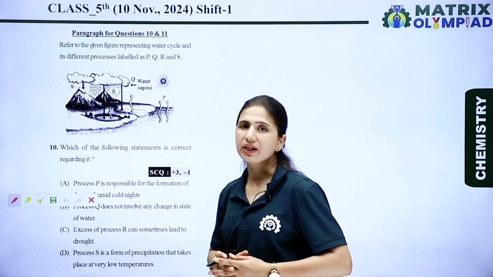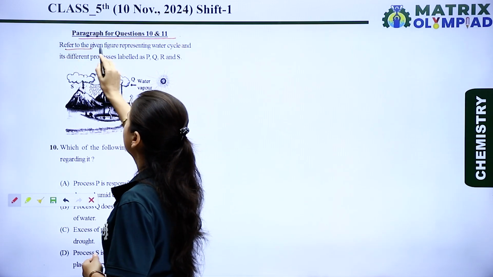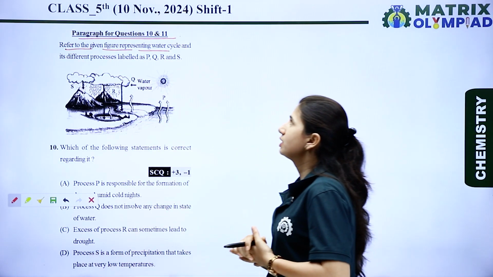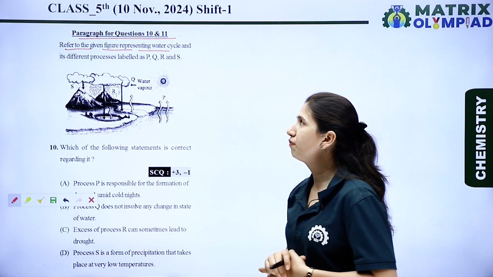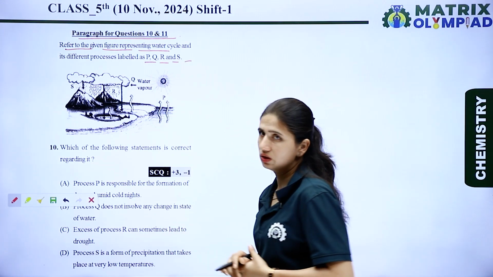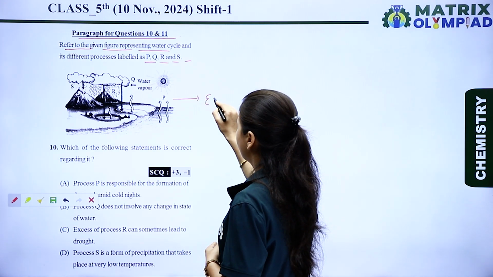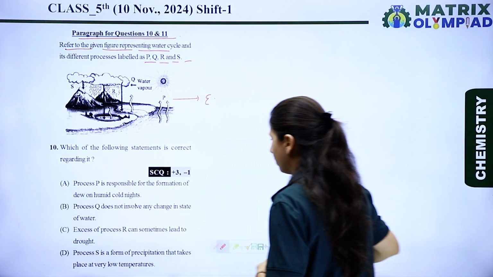The next question is a paragraph based question. Let's see the paragraph. Refer to the given figure representing the water cycle and its different processes labeled as P, Q, R and S. P is the process known as evaporation.